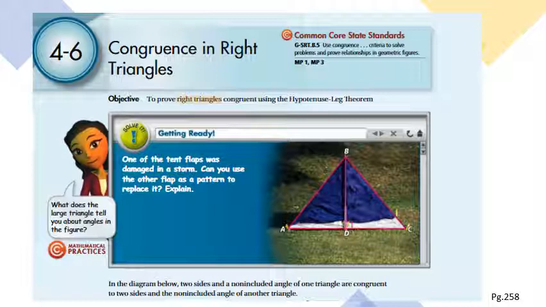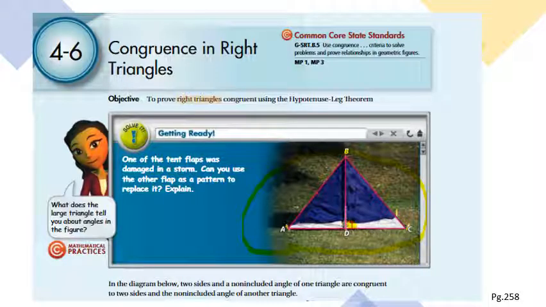I want you to look at this triangle. Okay, look here. They put the mark on two sides. We know that if they put the mark on two sides, that means they are congruent. Is it right? And here, look at this angle.